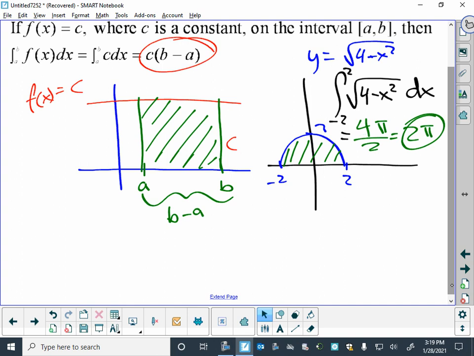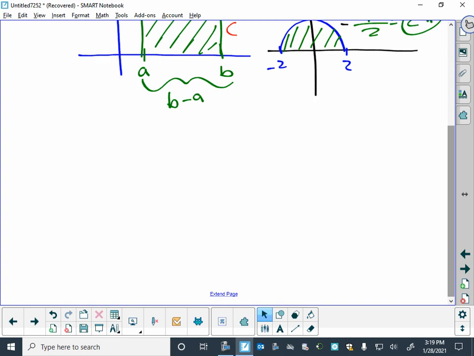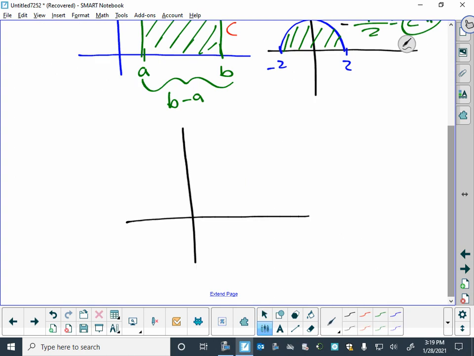If I have just a straight line, my straight lines are going to make triangles or trapezoids or something like that. If I had this going from A to B, well, that is just going to be a trapezoid, and if I don't remember the formula for a trapezoid, I can cut it up and make it a rectangle and a triangle and find those separate areas and add them together.